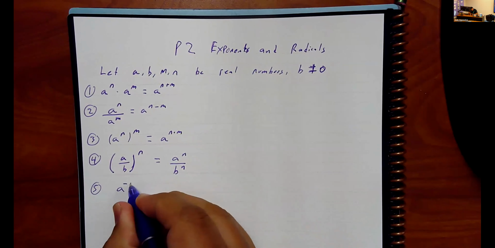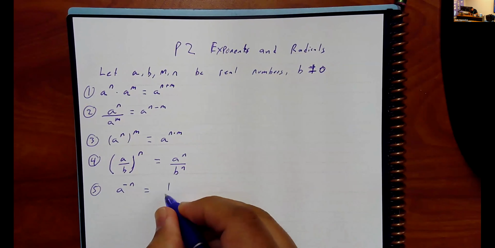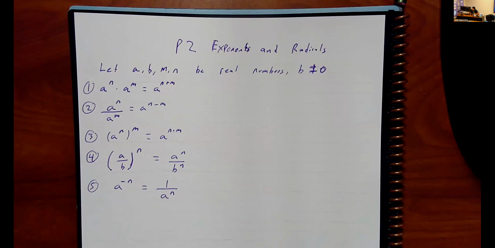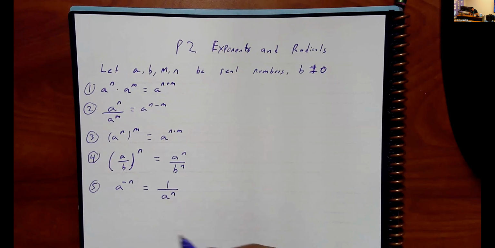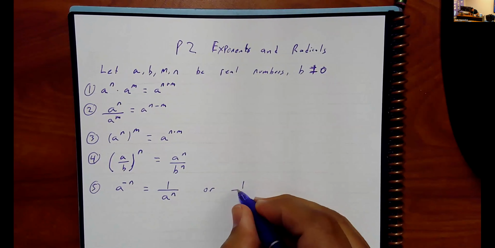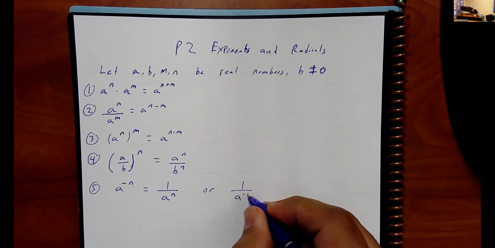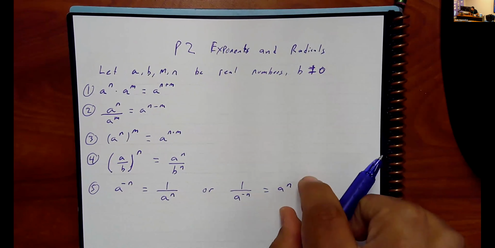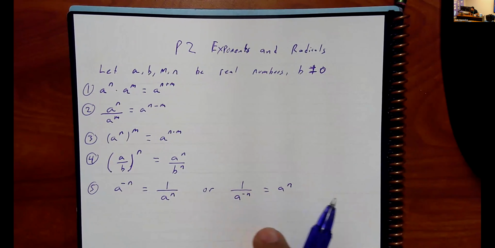If you have a negative exponent, you can bring it down to the bottom and make the exponent positive. Or if it's negative on the bottom, you can bring it to the top and make it positive. So basically, you can move this guy up or down however you want. But whenever you shift it, if you cross the line, you change the sign.